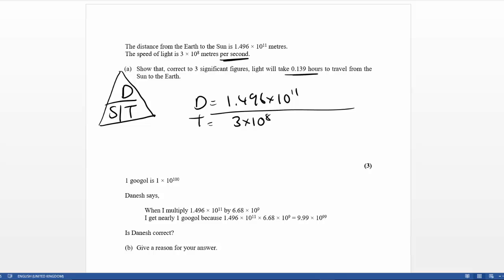We don't like that, because we want it in hours, don't we? How many seconds are in 1 minute? There's 60. We need to times it by 60. How many minutes are in an hour? There are 60. We need to times it again by 60. If you put this into your calculator, you will get the right answer. I'm going to pause the video for a second.